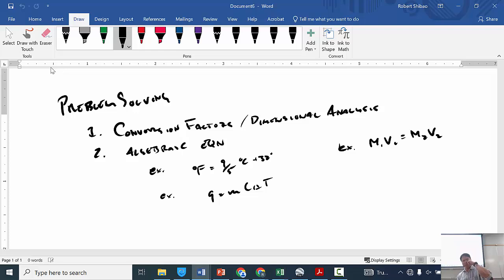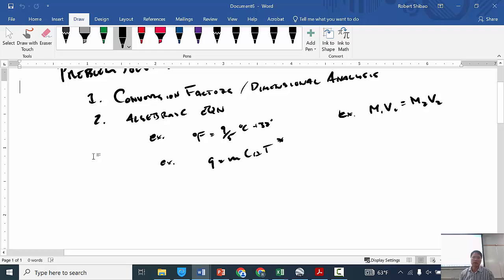So there are some things we do. Although this one we could do dimensional analysis as well, so I'll put a little asterisk there, that we could have used either one or two for that. Do you guys recognize this equation?